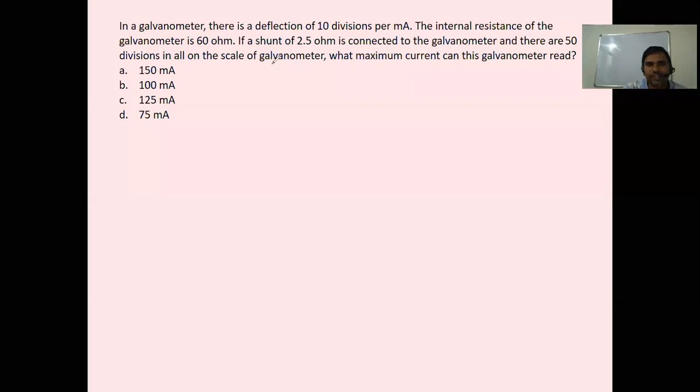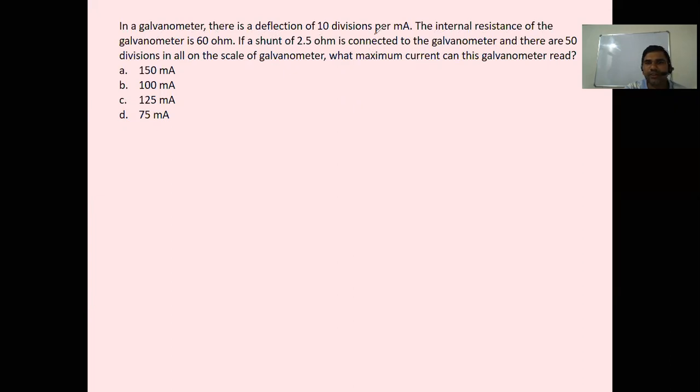Okay students, now in this problem, in a galvanometer there is a deflection of 10 divisions per milliampere. The internal resistance of the galvanometer is 60 ohm. If a shunt of 2.5 ohm is connected to the galvanometer and there are 50 divisions in all on the scale of the galvanometer, what maximum current can this galvanometer read? So what is given in the galvanometer?